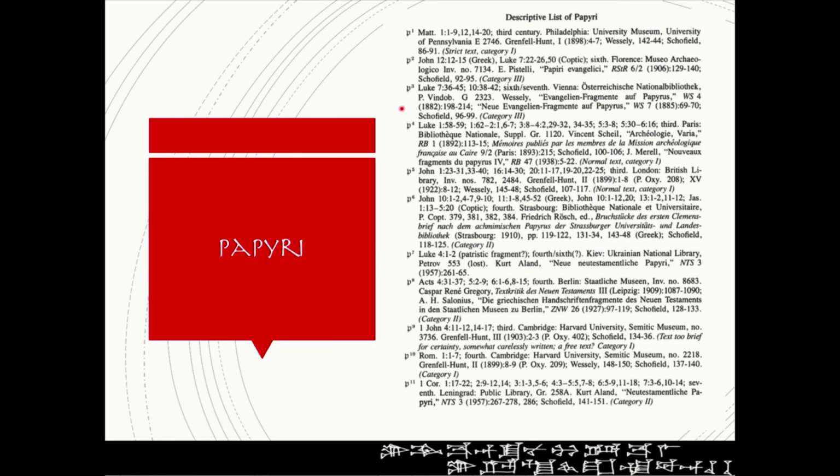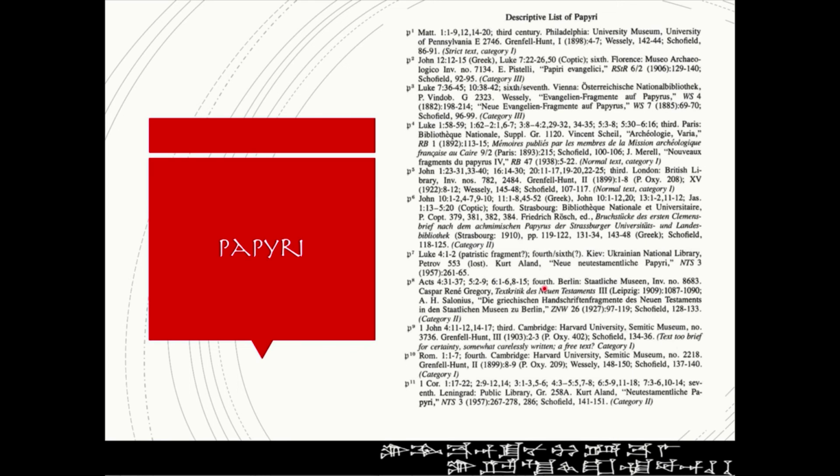And so on down. So when you turn to the section on the papyri, you can literally go down and find, what does Papyrus 8 have? Oh, Papyrus 8 contains Acts chapter 4, verses 31 to 37, Acts chapter 5, verses 2 through 9, 6, 1 to 6, and 8 to 15, and it's a 4th century manuscript.